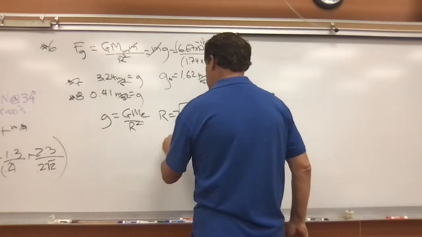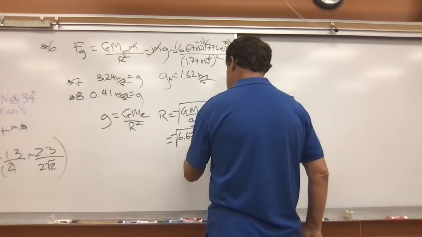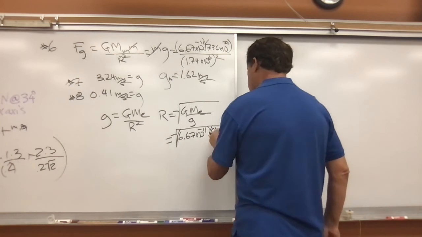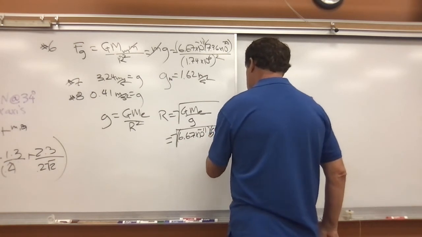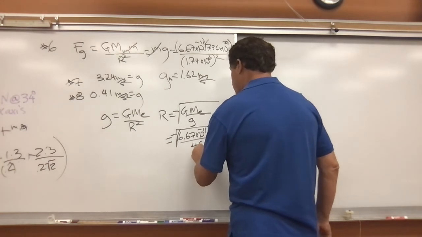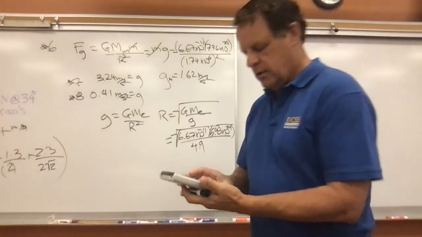All right, so we're going to have 6.67 times 10 to the negative 11th, times 5.98 times 10 to the 24th, divided by 4.9. And then we're going to take the square root of that.